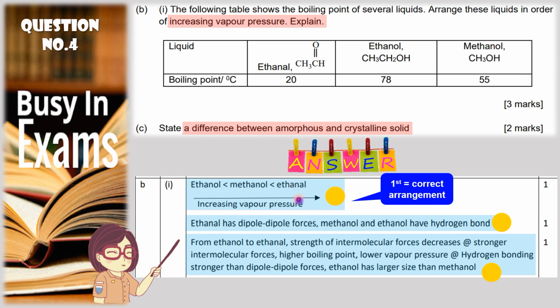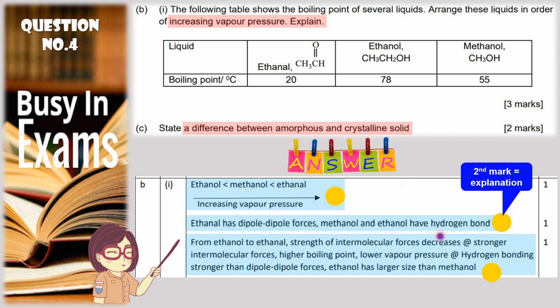The first mark is for the arrangement. You can use symbols or you can use an arrow, and below the arrow you have to label increasing vapor pressure. And then explain. Because the mark given here is 3, you should give 2 reasons. The first reason is that one liquid has dipole-dipole forces, while methanol and ethanol have hydrogen bonds. 1 mark, this is explanation 1 mark.